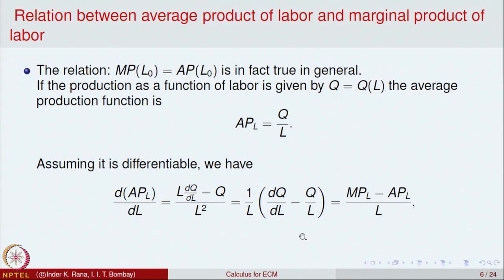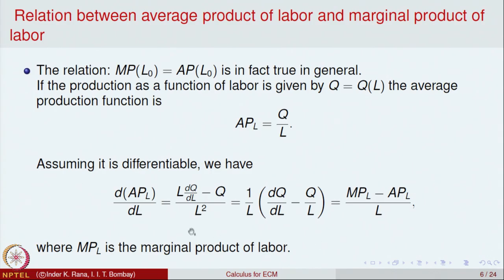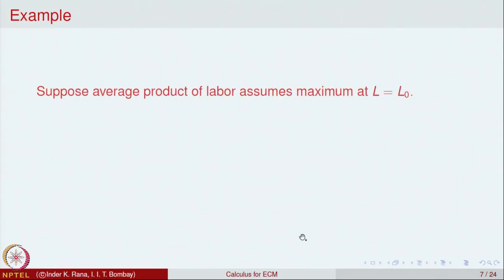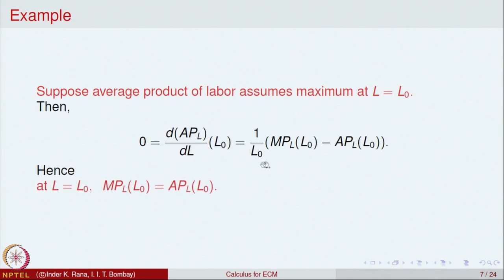At the point of maximum, we know that this derivative is equal to 0. So, when there is a maximum, the necessary condition says L should be equal to L0. In that case, 0 is equal to this, and that gives you at L0, MPL is equal to APL.